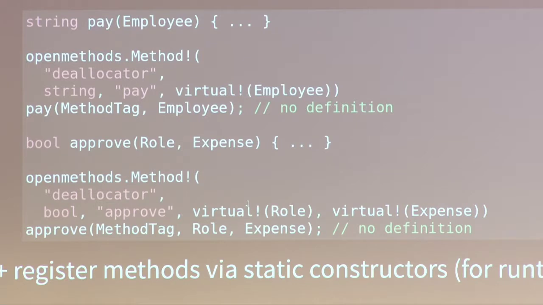For each of those, it creates a new function which takes the same parameter list, but without the virtual bang. And that is actually the entry point in your open method. So an open method, syntactically, is a D function. So you can pass it around, it's a normal function.